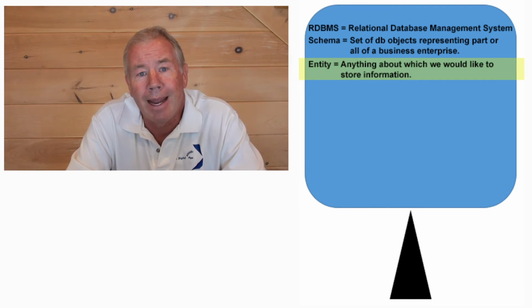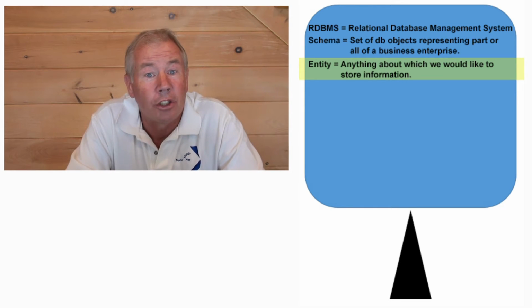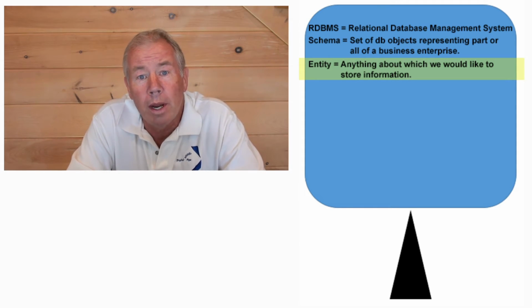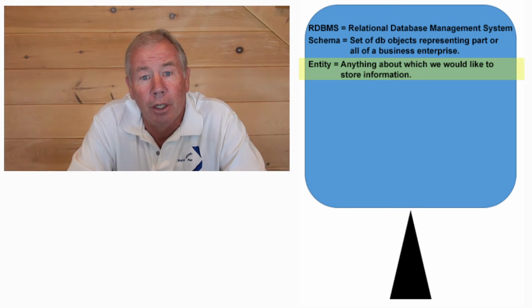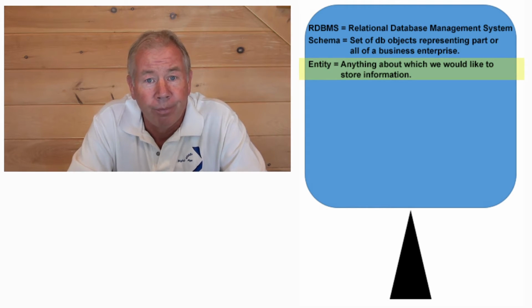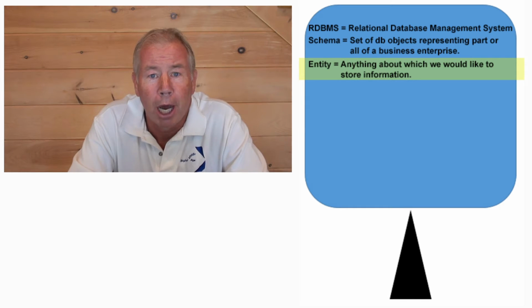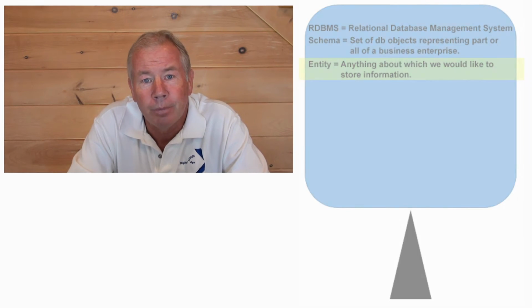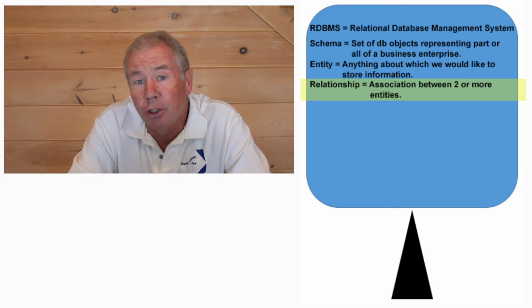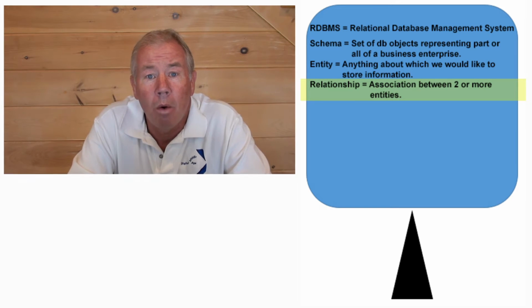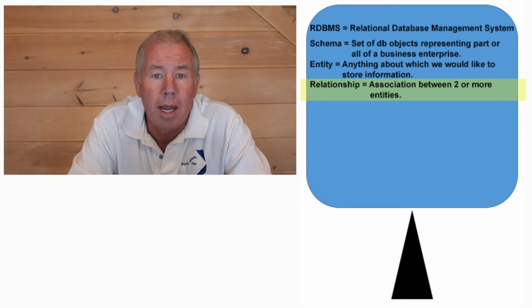Alrighty, our next term, entity. An entity, quite simply, is a something. It's a something about which we are going to store information within our schema. Customer, order, product, it's a something. Next term, relationship. That is, how are two or more entities associated?